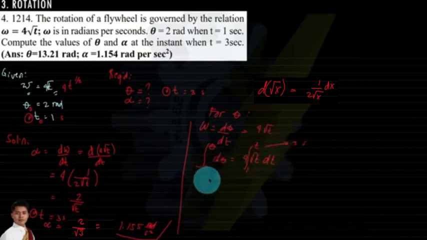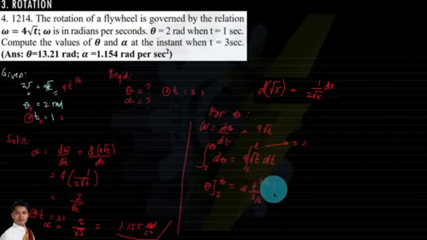So let us derive first our equation. So this will be theta. Our limit is from 2 to theta, equal to, so the integral of this is simply 4 multiplied by t raised to 3 halves over 3 halves. So the limit is from 1 to t. So theta minus 2 is equal to 8 over 3 t raised to 3 halves from 1 to t.